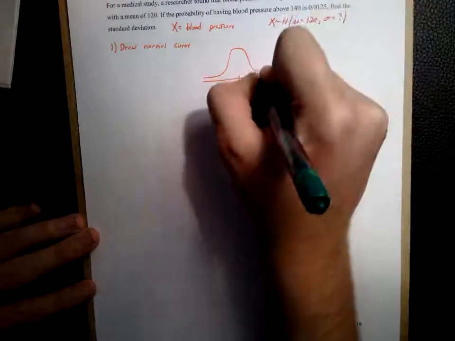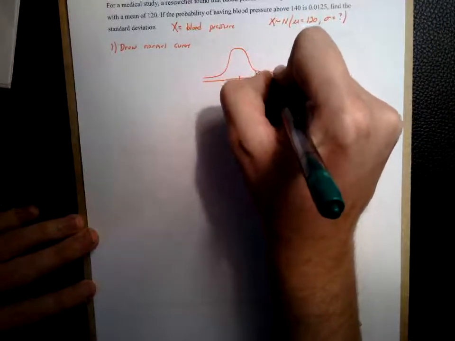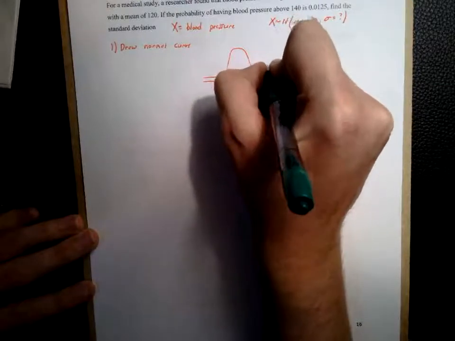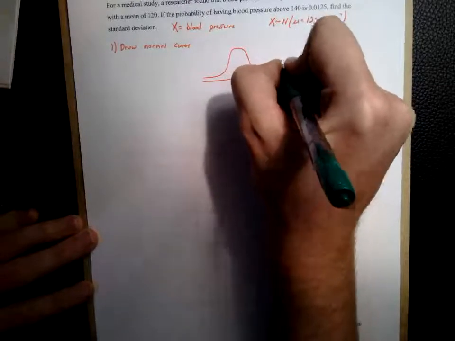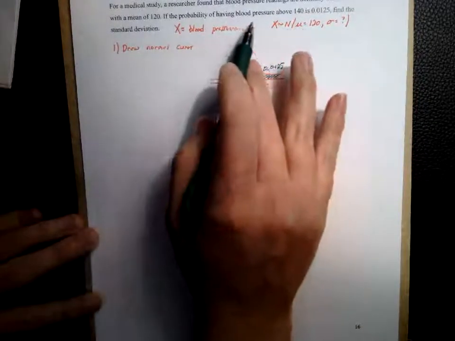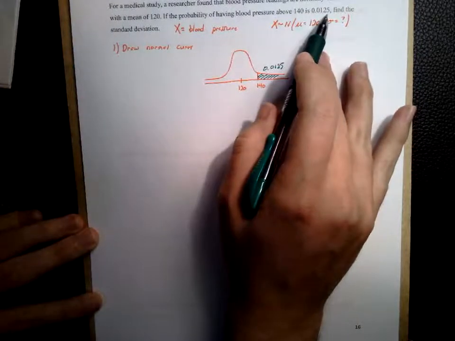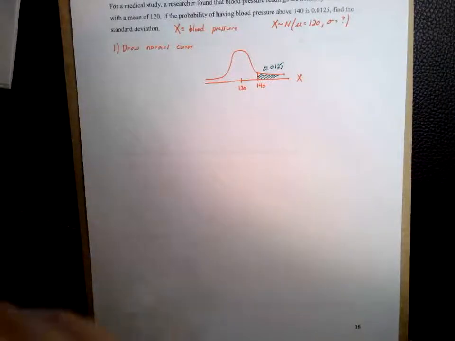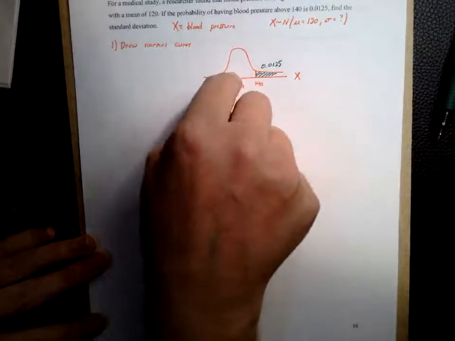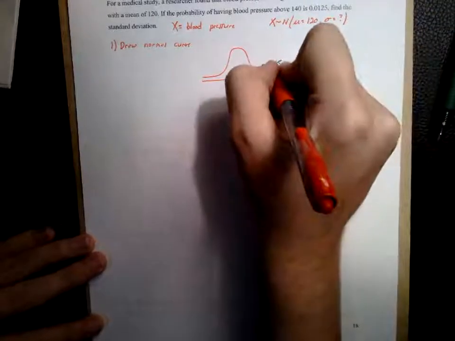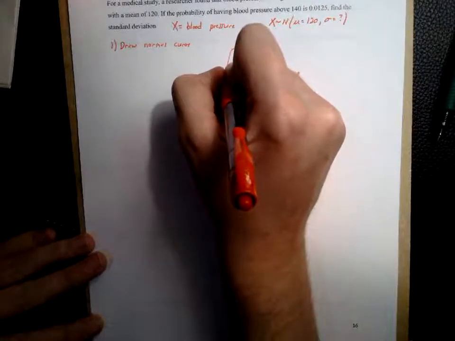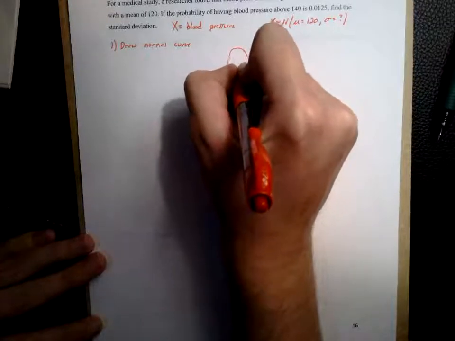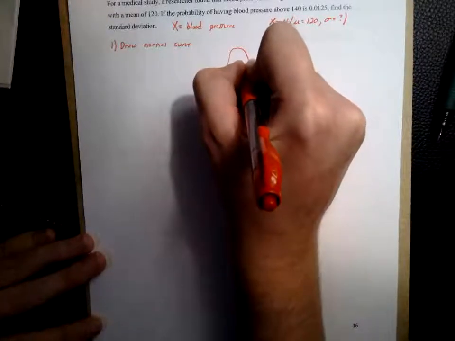Now, it's telling us that the area to the right of 140, so this area over here, is 0.0125, because if the probability of having blood pressure above 140 is 0.0125, that means the area to the right of this blood pressure reading is 0.0125. Now I can find the area to the left of that by just taking 1 minus the area to the right. And if I do that, I should get 0.9875.